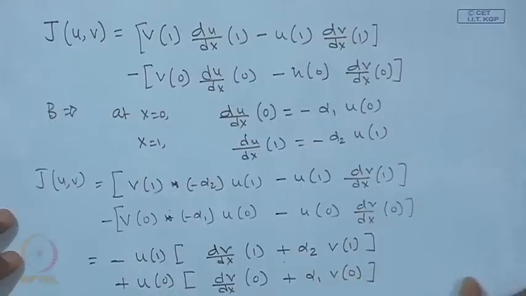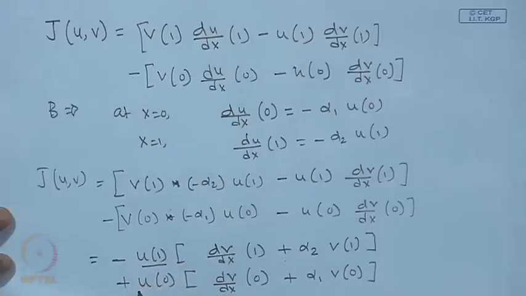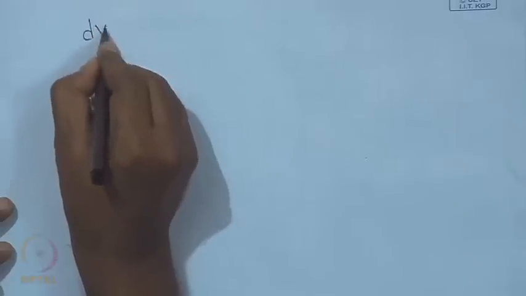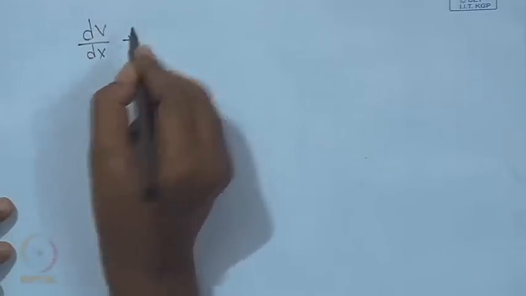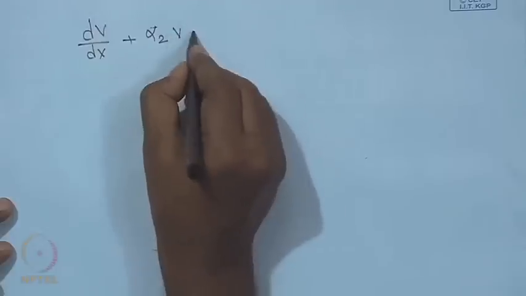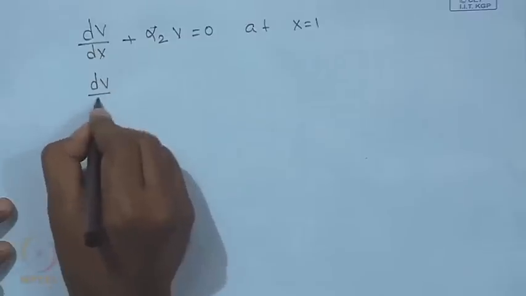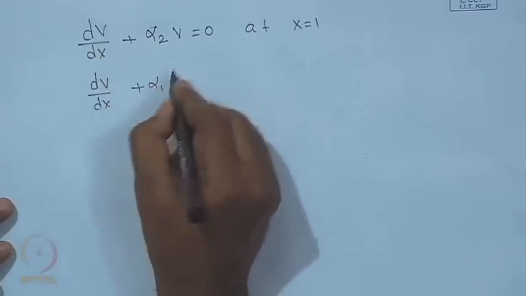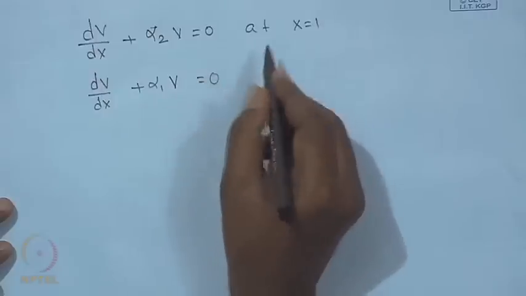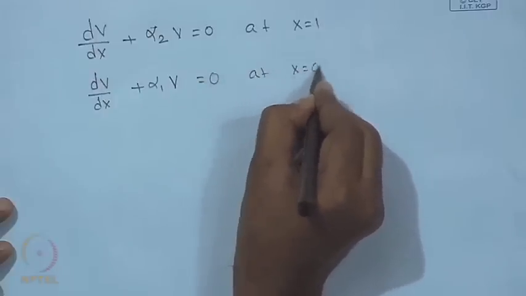Now, in order to get this bilinear concomitant to vanish, we do not have any conditions on u at 1 and u at 0. Therefore, dv/dx plus alpha 2 v is equal to 0 at x equal to 1, and dv/dx plus alpha 1 v must be equal to 0 at x equal to 0.